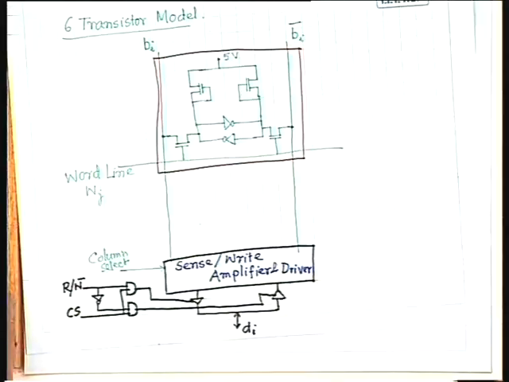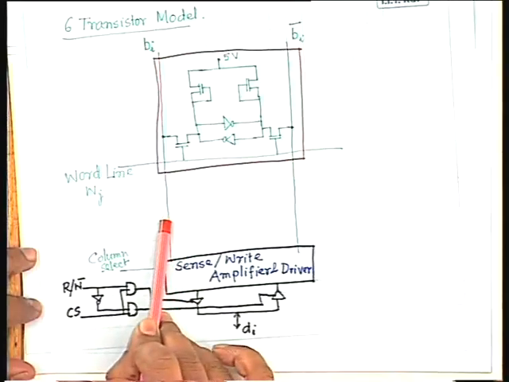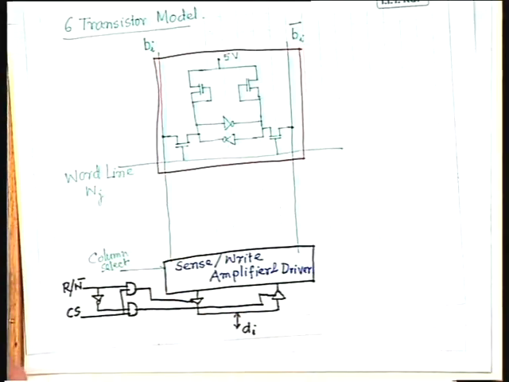Similarly, if I want to read this particular memory cell, what I have to do is drive both the BI and BI complement lines halfway between 0 and 1 logic. So if the 0 logic is voltage 0 and the 1 logic is 5 volts, then for reading purpose, I have to drive both the lines to something like 2 volts or 2.5 volts.